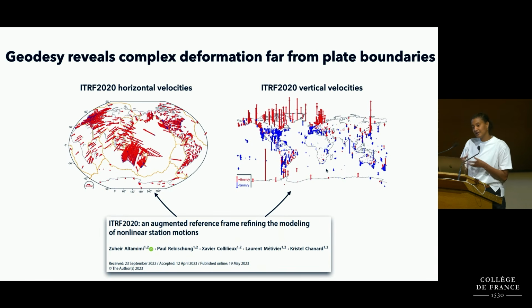And in the making of this reference frame, we also had to account for and to start to model the intraplate linear and nonlinear deformation.